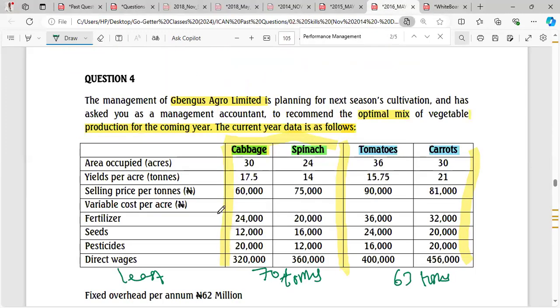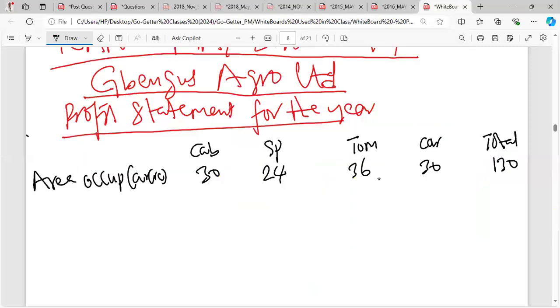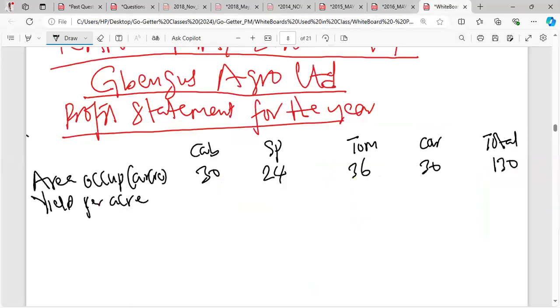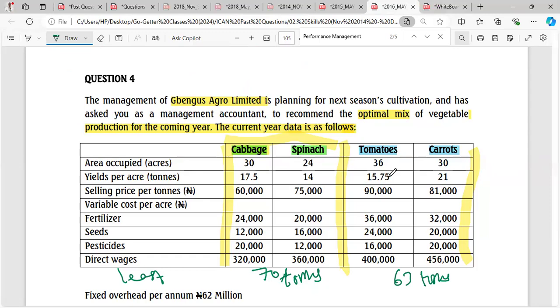Now, in 1 acre, what is your yield? Yield per acre here: 17.5, 14, then we have 15.75 and 21.